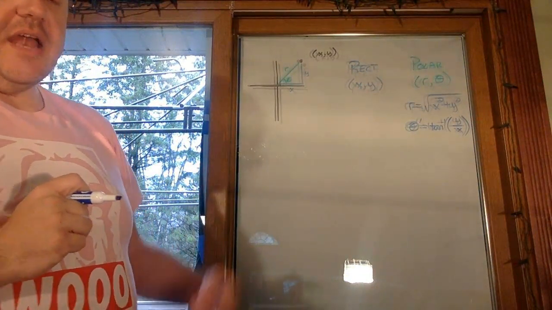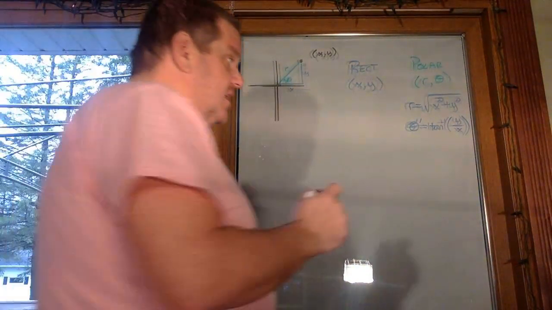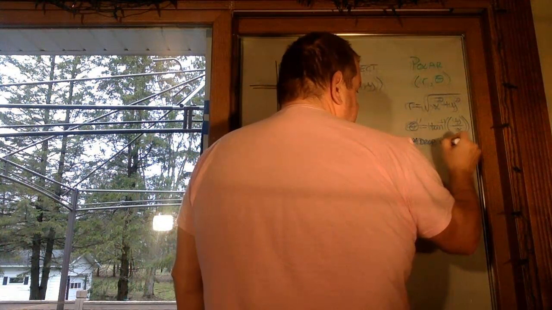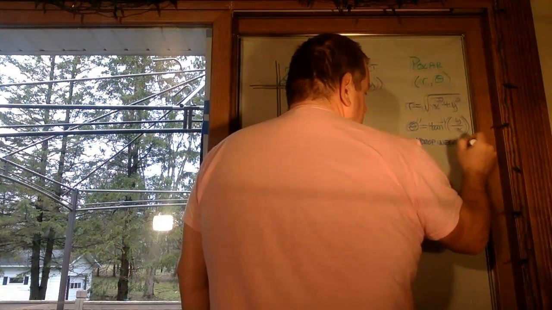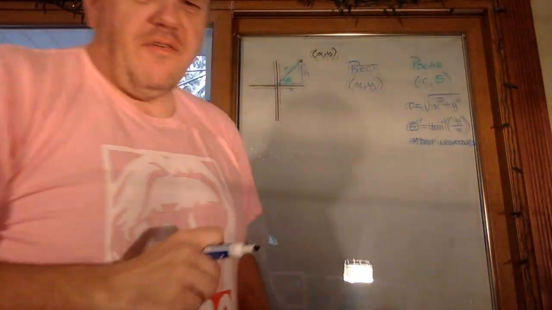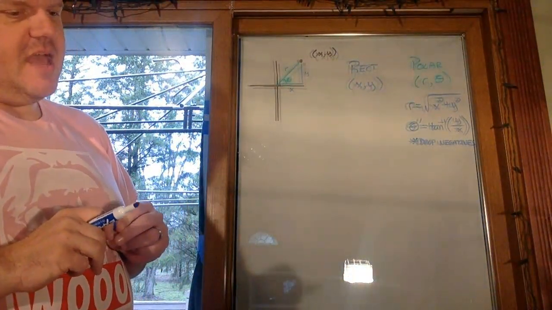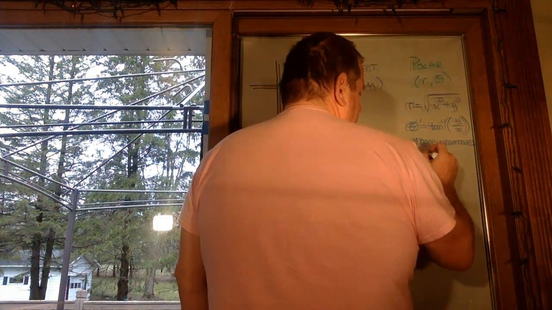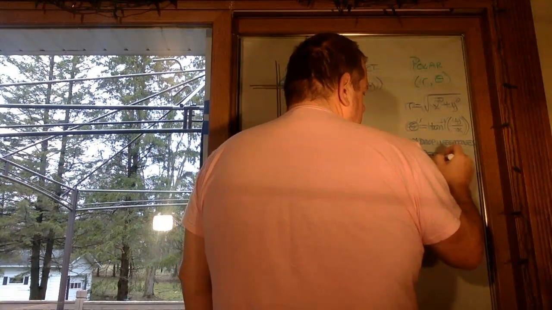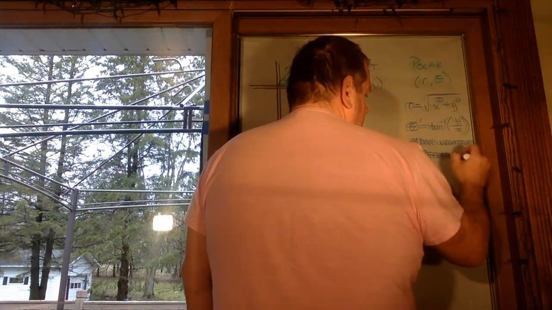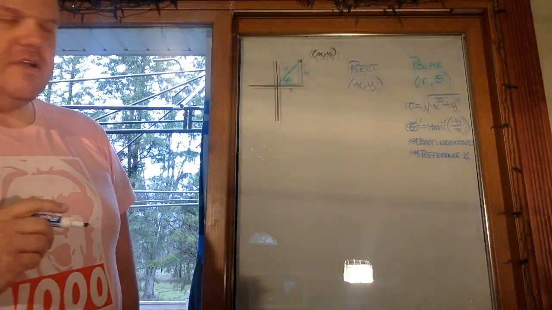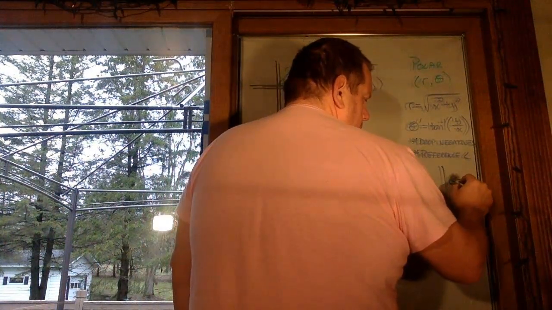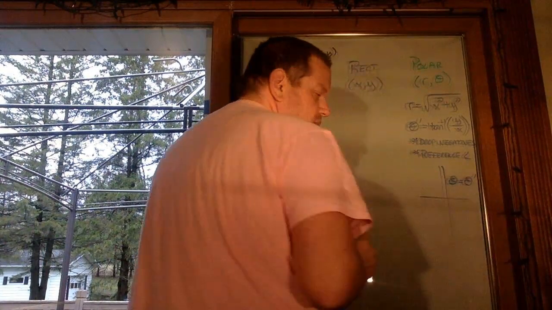We can do that, but we have to remember a couple of things that go along with that. First, we have to drop negatives. We've heard this once or twice or 50 times before. And the second thing is that this is my reference angle. So because it's my reference angle, if I'm in quadrant 1, my actual angle is my reference angle.